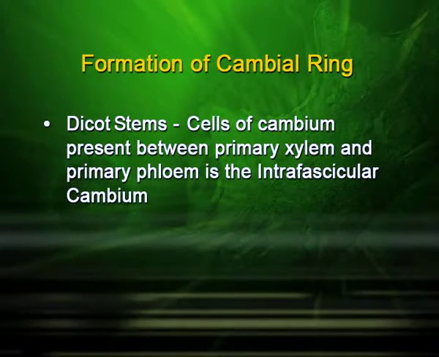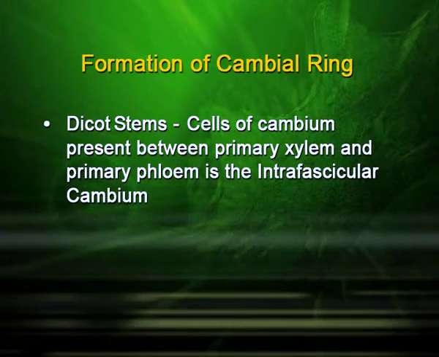The formation of cambial ring: in dicot stems, we find the intrafascicular cambium, which are the cells of cambium present between primary xylem and primary phloem. Medullary cells adjoining these intrafascicular cambium become meristematic and form the interfascicular cambium, which is the continuous ring of cambia.